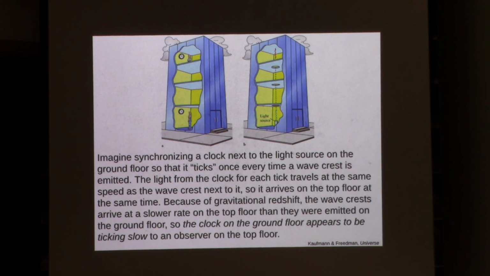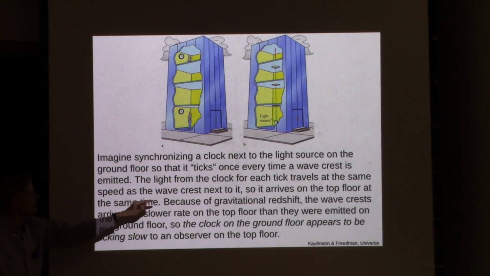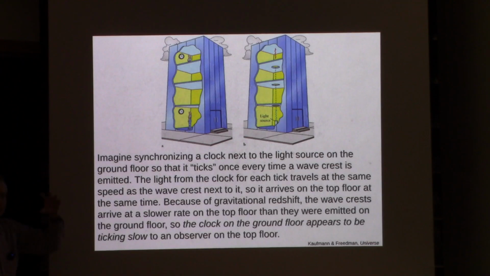1 wavelength, 2 successive ticks, it's the same amount of time. The light from the clock for each tick travels at the same speed as the wave crest next to it, so it arrives at the top floor at the same time. Because of gravitational redshift, the frequency that you see of the photon is lower on the ceiling, on the top floor, than it was on the bottom floor. You've seen it redshifted.